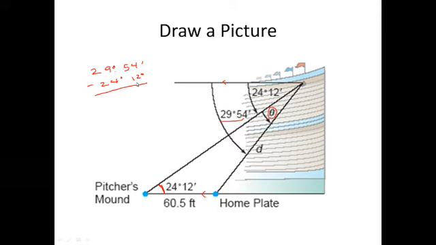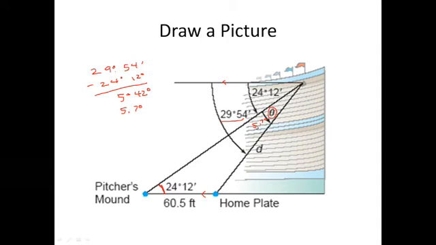When I do that, I am going to end up with 5 degrees, 42 minutes. Now, working in degrees and minutes is not so handy for me, so I'm going to put this in my calculator under degrees, minutes, seconds, and I'm going to switch it into decimals, and I'm going to end up with 5.7 degrees. Okay, so theta over here is 5.7.